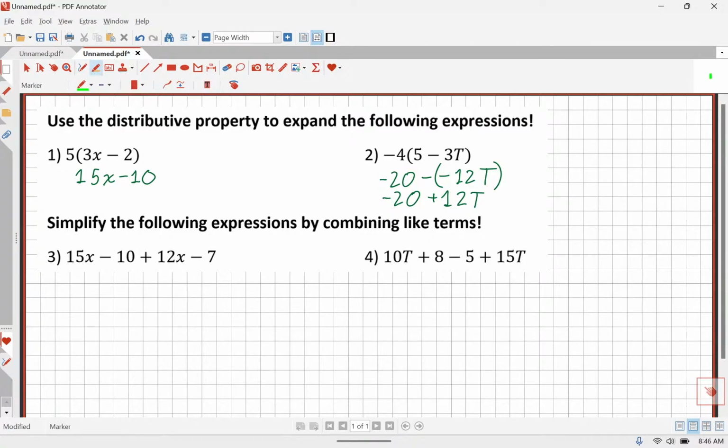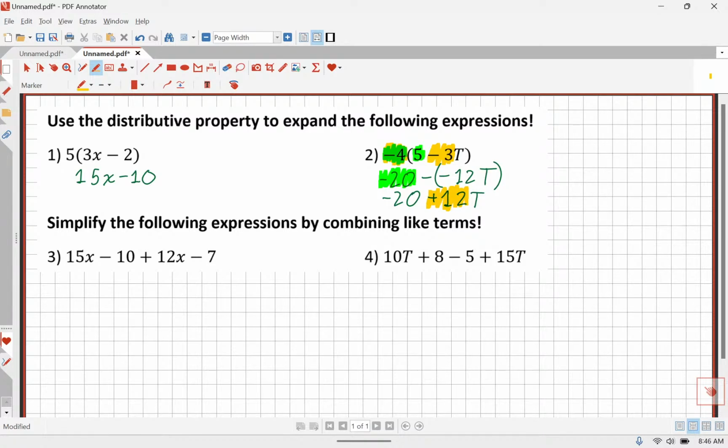I think of it a slightly different way, where I think of this as negative 4 times 5, which is negative 20, and then I think of this as negative 4 times negative 3, which is positive 12. And that kind of helps me make sure that my symbols are simplified right out the gates. So that's awesome. How many of us got negative 20 plus 12t, or see how we got that? You guys doing okay? Beautiful. Love to see it.